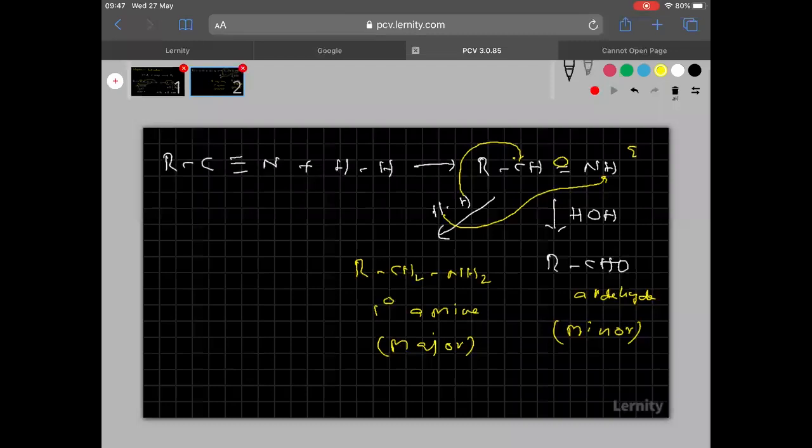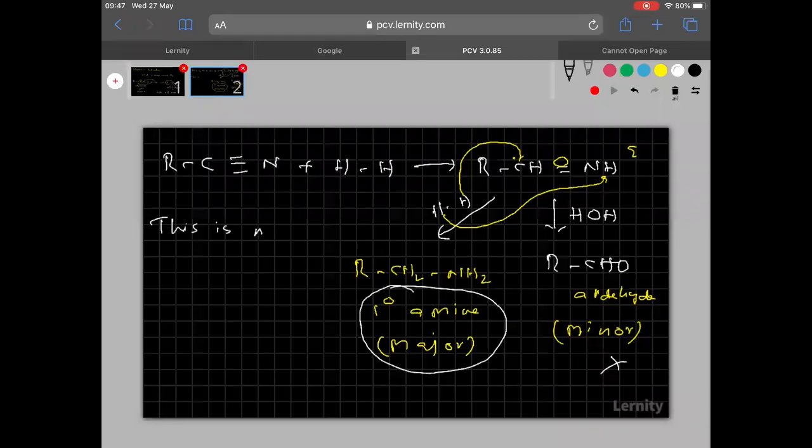Because in the formation of primary amine, a pi bond is broken. In the formation of aldehyde, a sigma bond is broken. Which bond breaking is easy? Pi bond only, because pi bond is a weak bond. So in Stephen's reduction, the major product is primary amine, but not aldehyde.